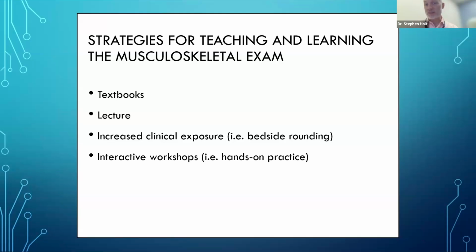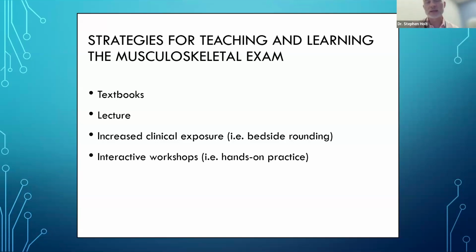But ultimately, I found that interactive workshops with hands-on practice, again, deliberate practice, where we have standardized patients and residents rotating from station to station and practicing the skills, getting immediate feedback, practicing the skills again, that was really the gold standard.